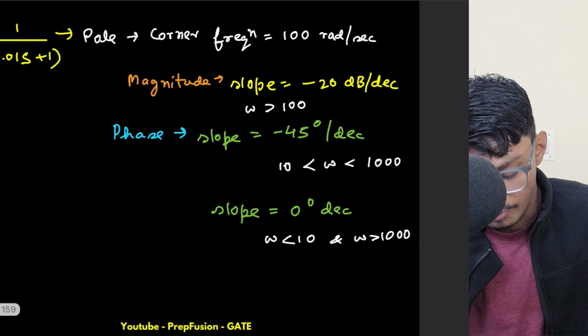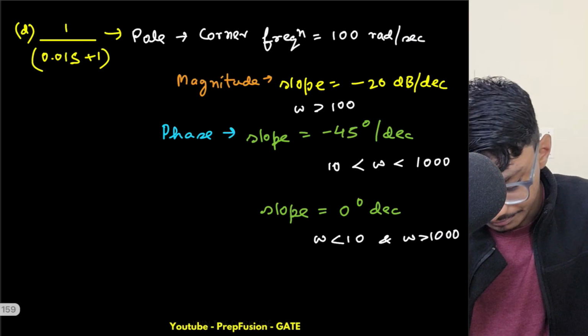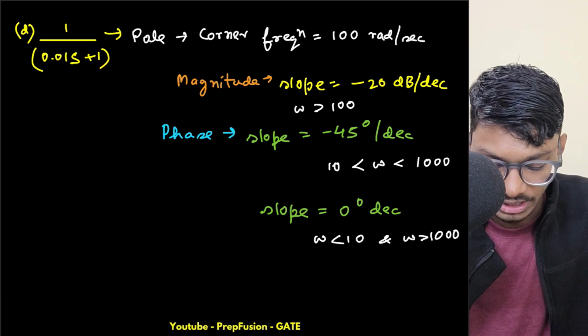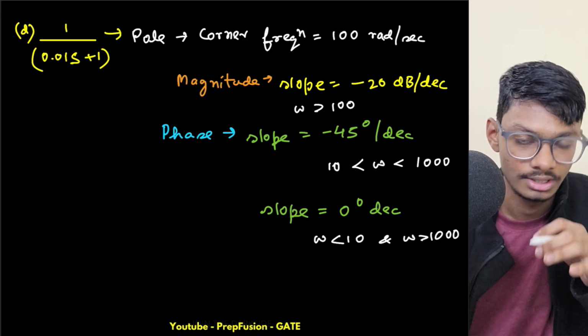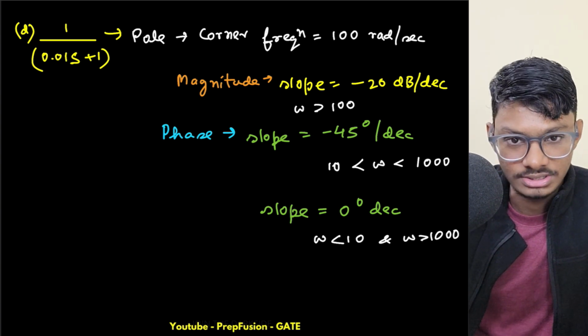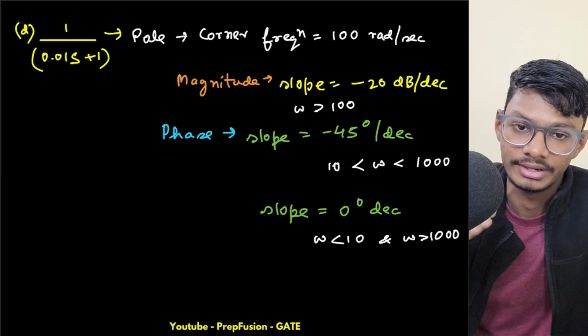And what about omega equals 100 radians per second? The slope is 0 only until we reach omega equals 100, where we encounter another pole. If we encounter another pole, what happens here? Again, this pole is contributing another slope of minus 20 dB per decade. We had a pole which is contributing minus 20 dB per decade. After that, we had a 0 which is contributing plus 20 dB per decade. And after that, we have a pole here which is contributing minus 20 dB per decade slope.